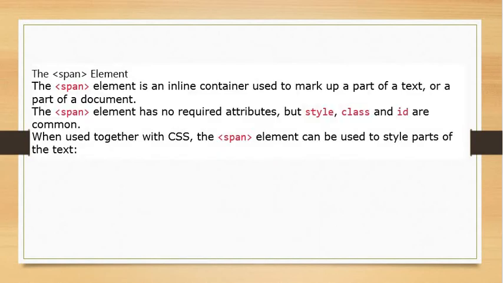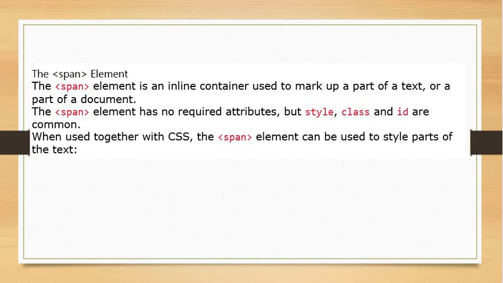Now we are going to see all about the span element. The span element is an inline container used to mark up a part of a text or a part of a document. The span element has no required attributes, but style, class, and ID are common. When used together with CSS, the span element can be used to style part of the text.